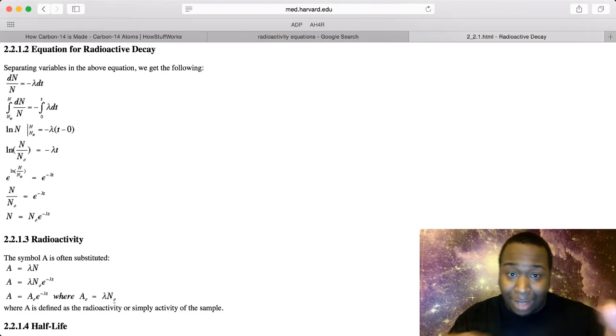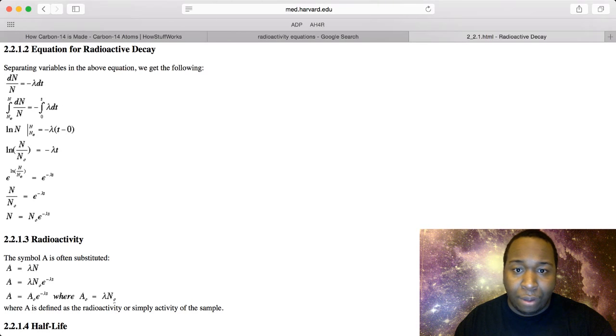Given that you have some sample of that thing, you can figure out what the ratio of carbon 14 to carbon 12 atoms are within it. So what we're going to first start off by doing is figuring out how many carbon 14 isotopes are there within the human body. And so we're going to assume that the average human body is like, I don't know, let's go with 200 pounds, right?